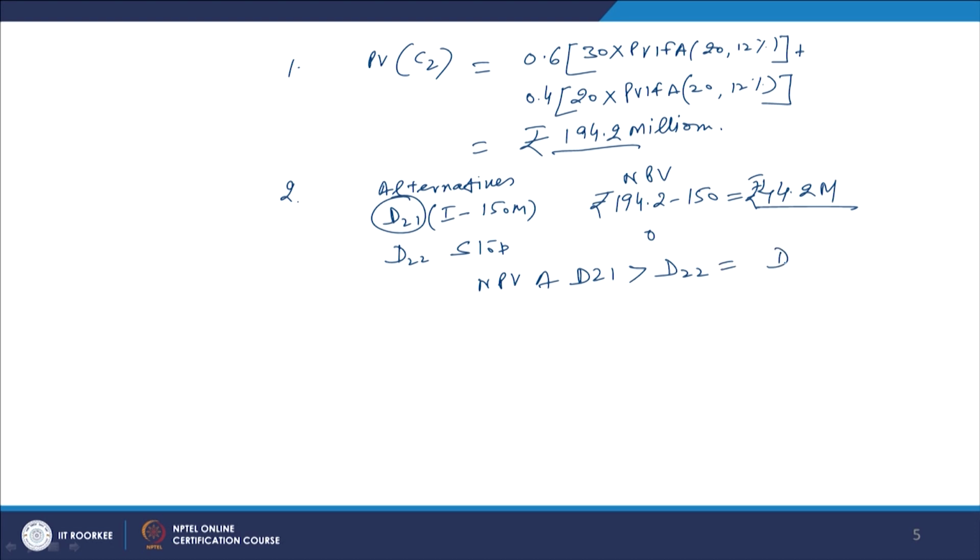So, decision D21 is going to be the final decision which we accept, and we are going to make the investment of 150 millions, because the present value of the cash flows available is going to be 194.2 millions.